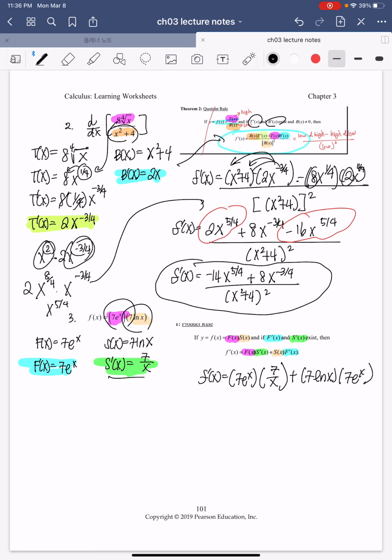Okay, combine like terms and then simplify. So 7 times 7, which is 49e to the x over x, plus 7 times 7, 49, so 49e to the x ln x will be the final answer.